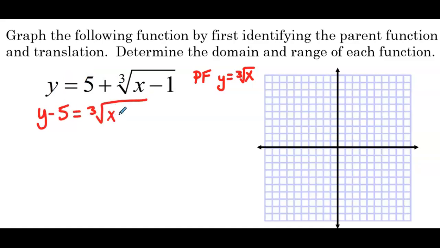So that leaves me with y minus 5 equals the cube root of x minus 1. The translation, so x minus 1, we're going to add 1 to the x's. Y minus 5, we're going to add 5 to the y's. Okay, so if we had to describe it before we graphed, we would say it's going to be shifted right 1, up 5. So we should make sure that our parent function is shifted right 1, up 5.